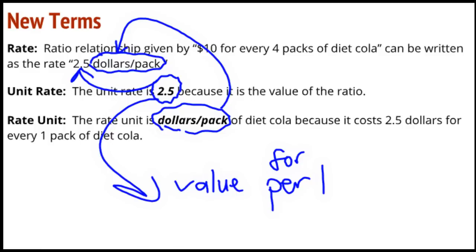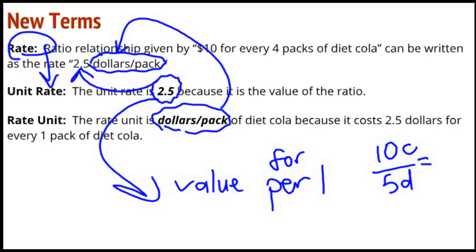So when we take a ratio and we want to write it as a unit rate, we want to take the rate and get it to a unit rate, we need to get it down to a 1. So for example, let me do it this way, make it an easy one. I've got 10 cats for every 5 dogs.